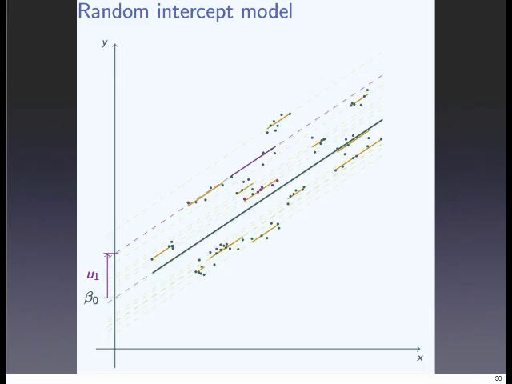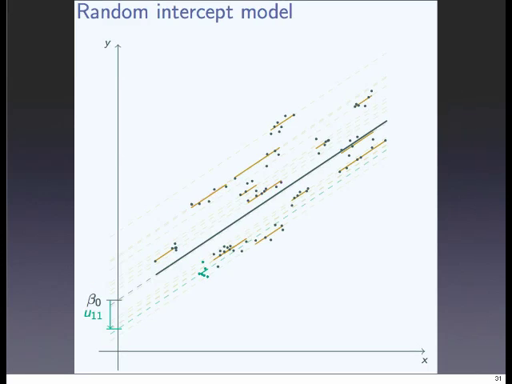So for this one, for example, this school 1 has got a higher intercept. This is saying that on average pupils are doing better in this school on the exam score now. Then the next one is the opposite, where this one is moving below the overall average. So in this school, pupils are not doing so well on average. So this is quite powerful.